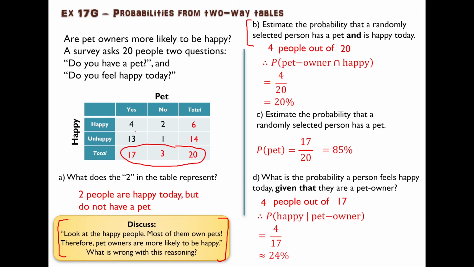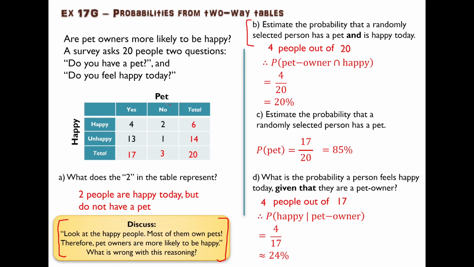You'd expect that because most people in the sample have pets. And in fact, most of the pet owners are unhappy. There's only a 24% chance. If you pick a pet owner, there's a pretty small chance that they're happy.